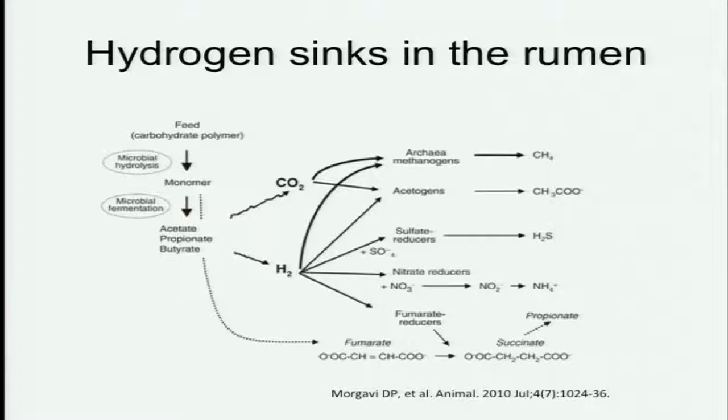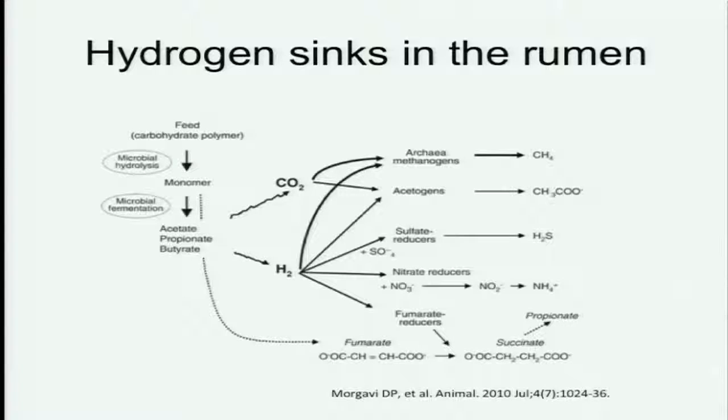One alternative is acetogenesis, where there's a group of microbes known as acetogens that actually use the CO2 and hydrogen to produce acetate, which is beneficial, but the problem is these acetogens cannot compete on growth rates with the methanogens. The other option is sulfate or nitrate reducers. In the case of sulfate reducers, they produce hydrogen sulfide. Hydrogen sulfide is toxic to the animal, so therefore it's not a viable strategy long term either.